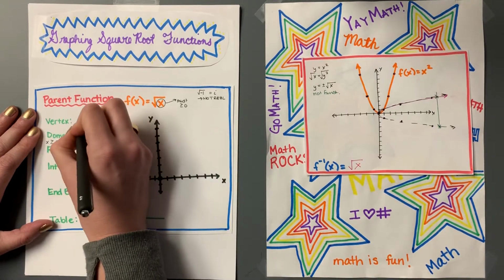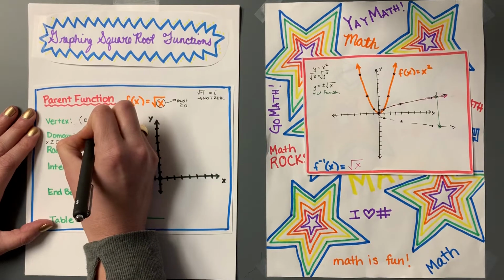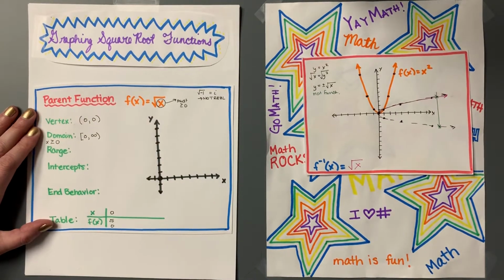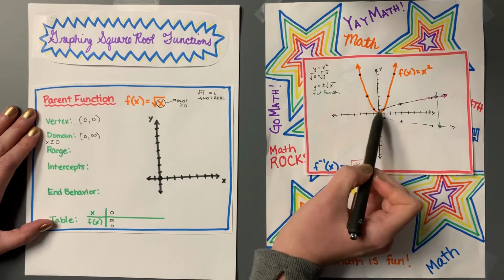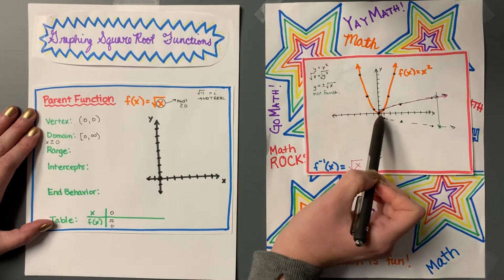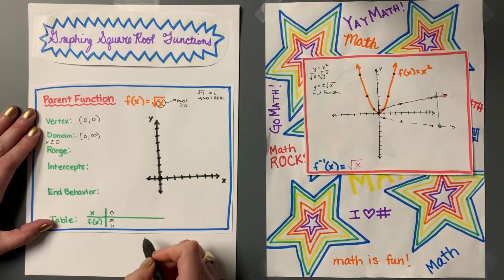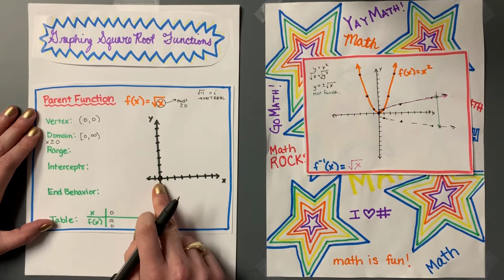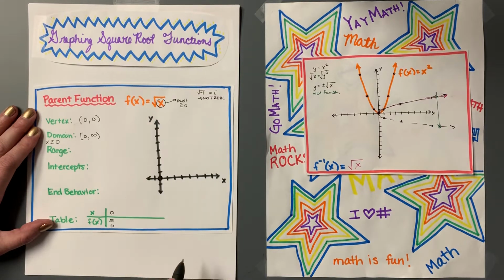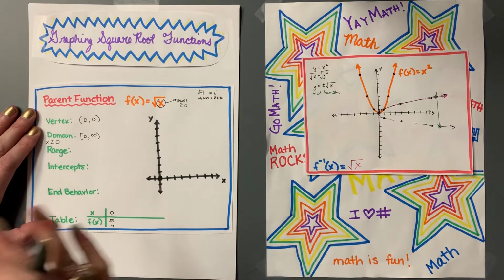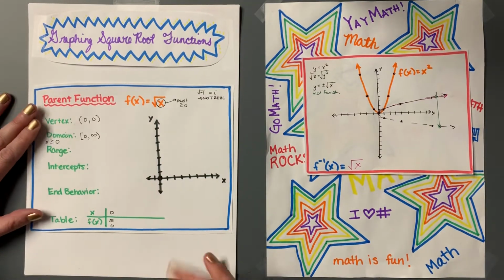This is my vertex. My vertex is at the point (0, 0). This relates to the vertex of my quadratic function. It's this point here. So that is my starting point, and it is the most important point of my entire square root function.